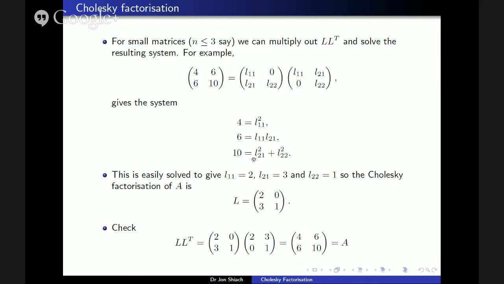So 10 is equal to 9 plus L22 squared, so therefore L22 must be 1. So this gives us this Cholesky factorisation. Okay, check it, multiply L by L transpose, you should get back to A. Okay, so that's the general method, dead easy. That's on a 2 by 2, kind of simple.